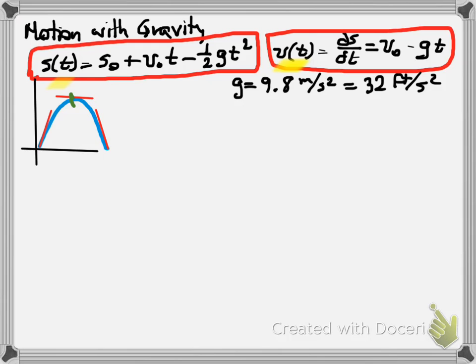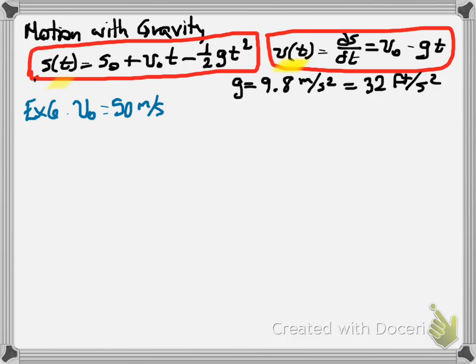So using all those concepts, we're going to solve example number 6 that says find the maximum height. If we think again, that maximum height will be when the derivative equals 0. So let's do example number 6, and it says that a stone is shot vertically upward with an initial velocity that equals 50 meters per second, from an initial height, S initial, that equals 10 meters.